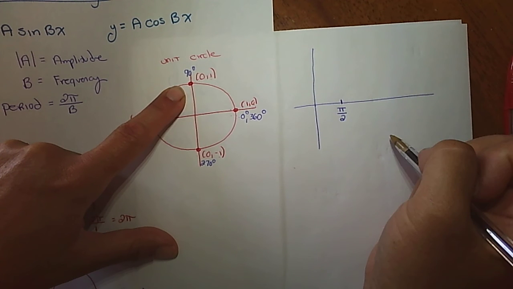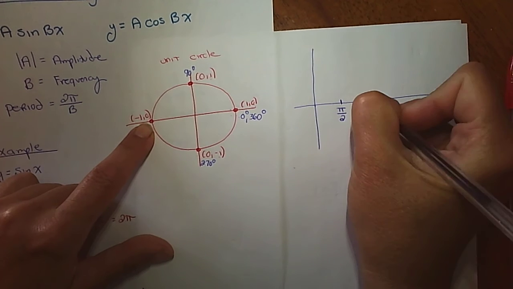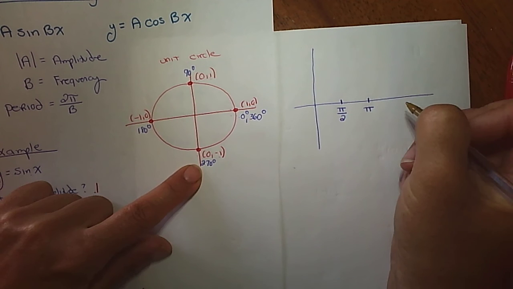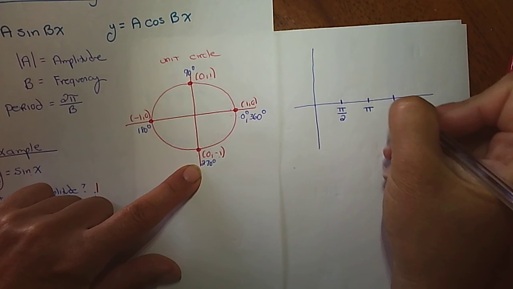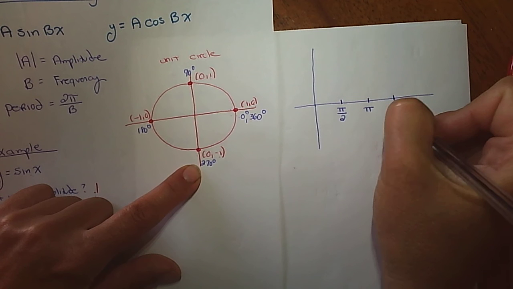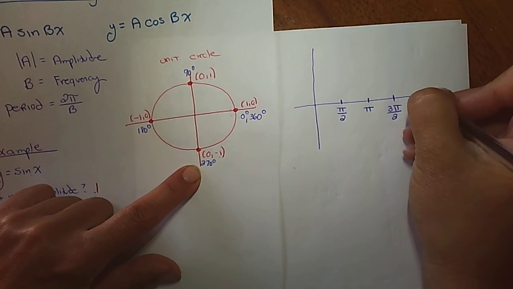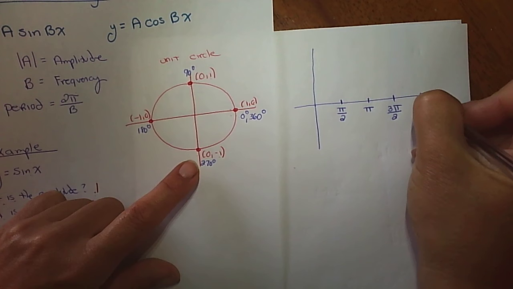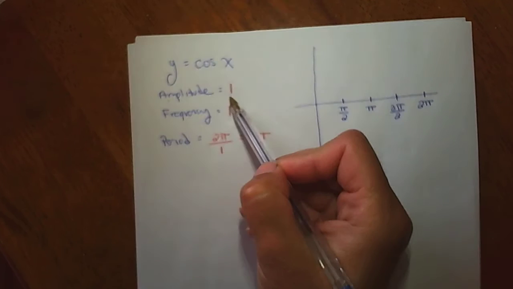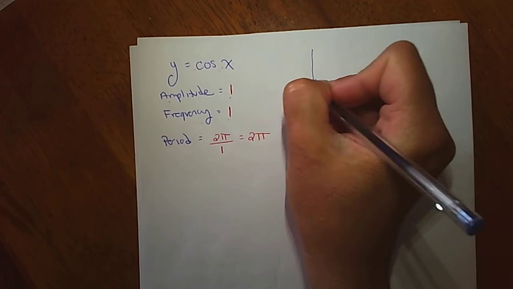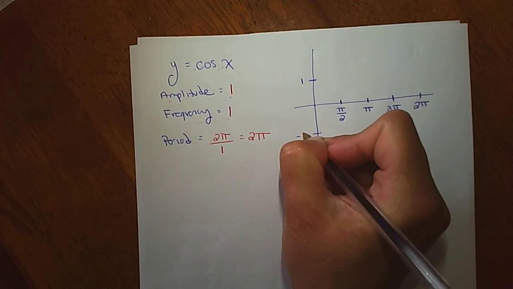That's what 90 degrees is. 180 is always pi. 270 is 3 pi over 2. Look, it's the third line, guys. 3 pi over 2. And this would be 2 pi. Okay. And my amplitude is 1. So that means I'm going up to 1 and down to negative 1.